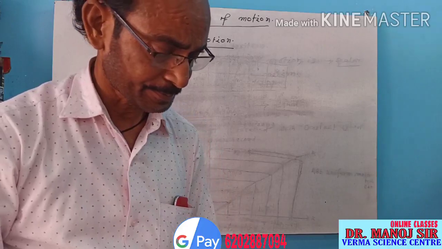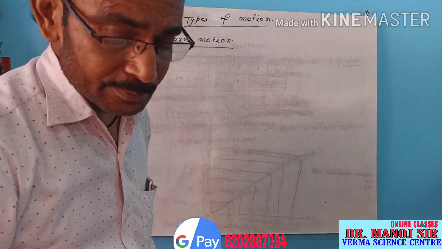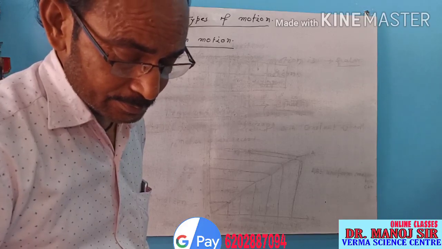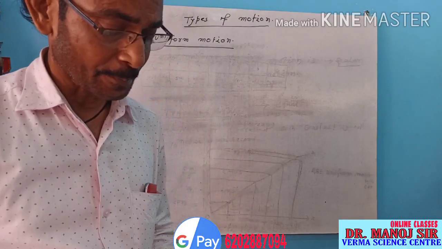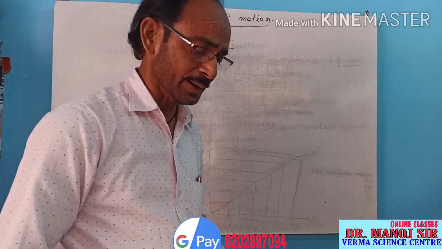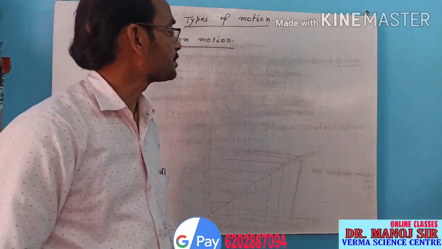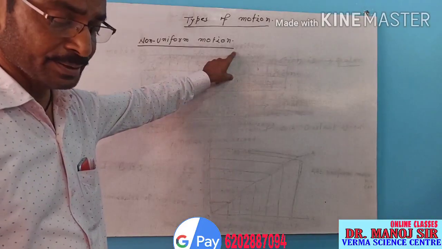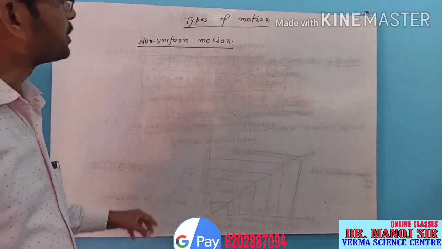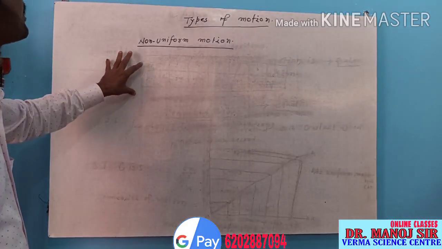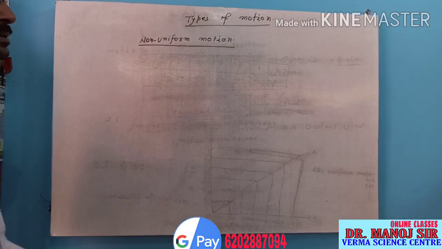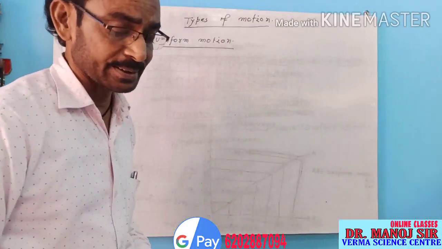Non-uniform motion of a body is said to be when a body is non-uniform in motion, then it travels equal distance in unequal intervals of time.